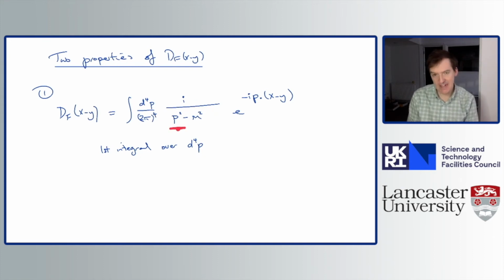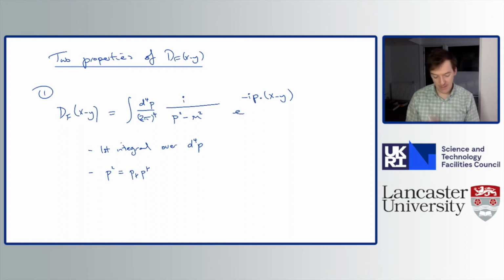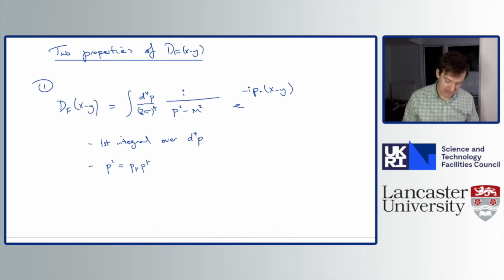The p squared that enters here is the scalar that you can construct from the four-vector, so it's p^μ p_μ. Normally, for an on-shell particle, p squared equals m squared, so you might think that we have a problem here.